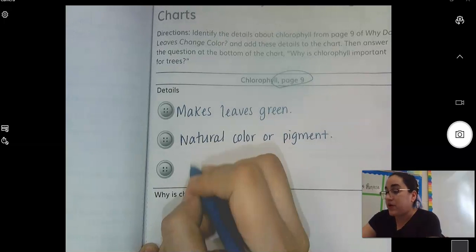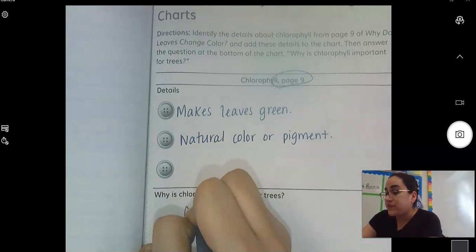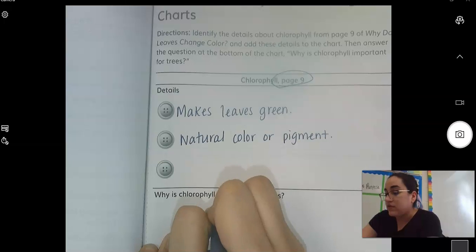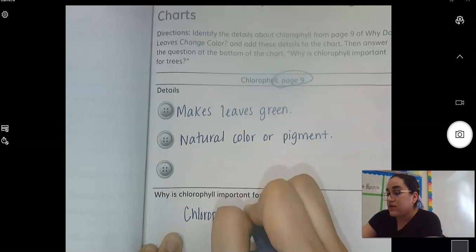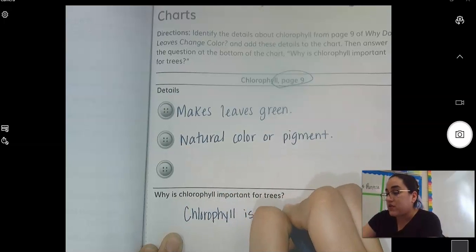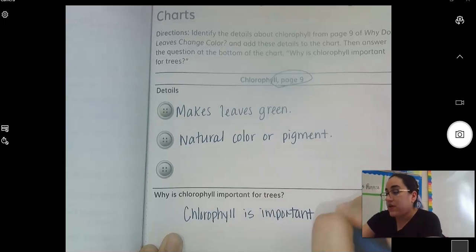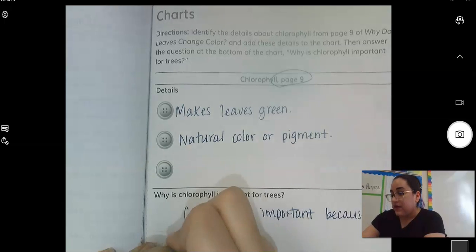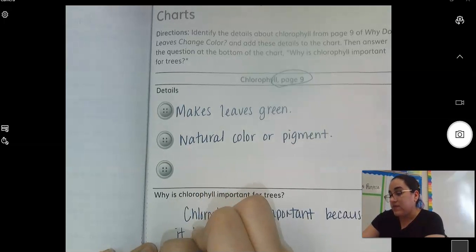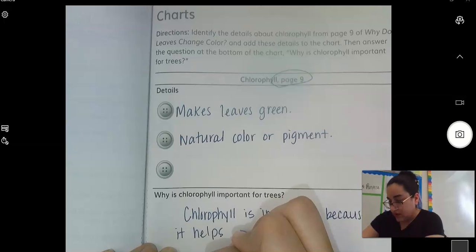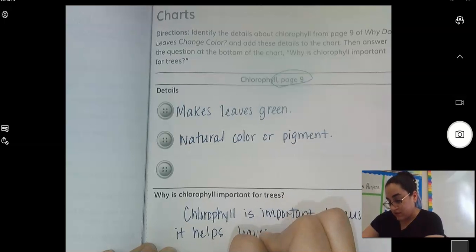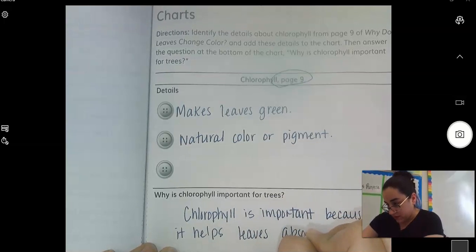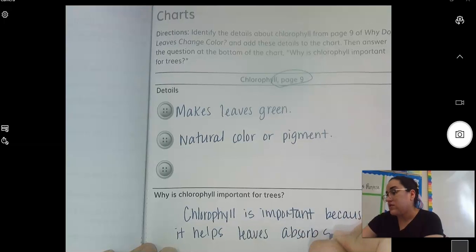So I'm going to put: chlorophyll is important because it helps leaves absorb sunlight.